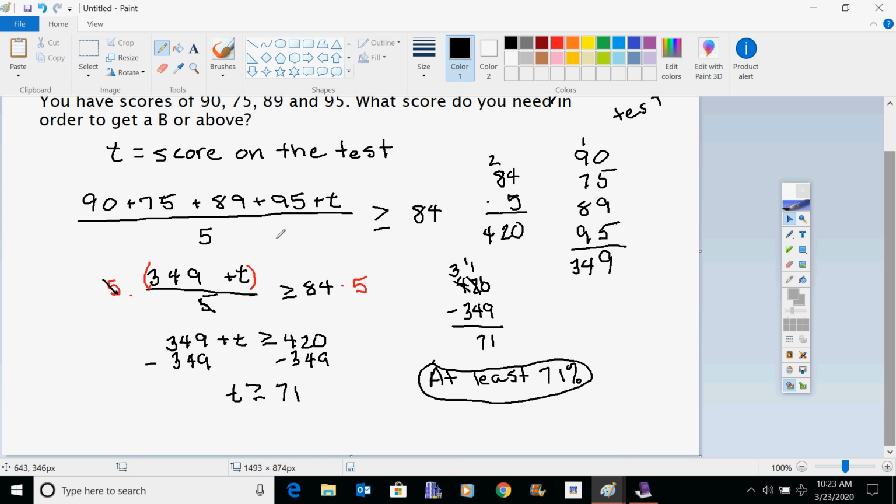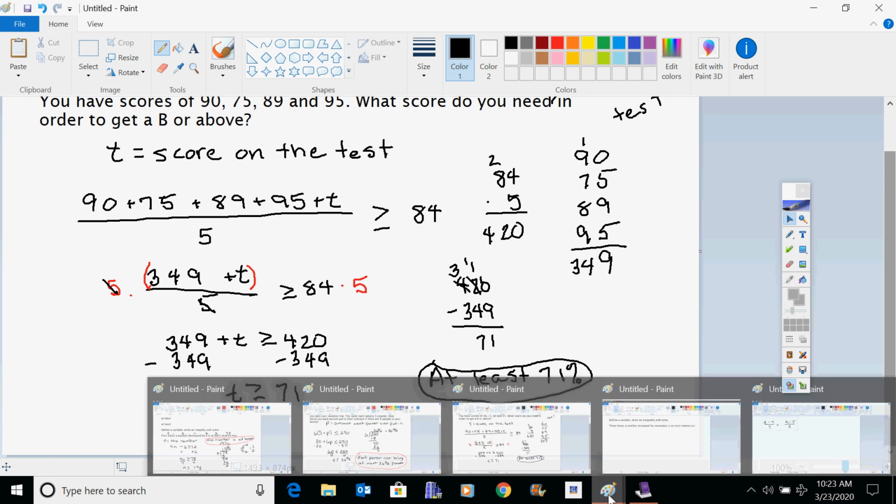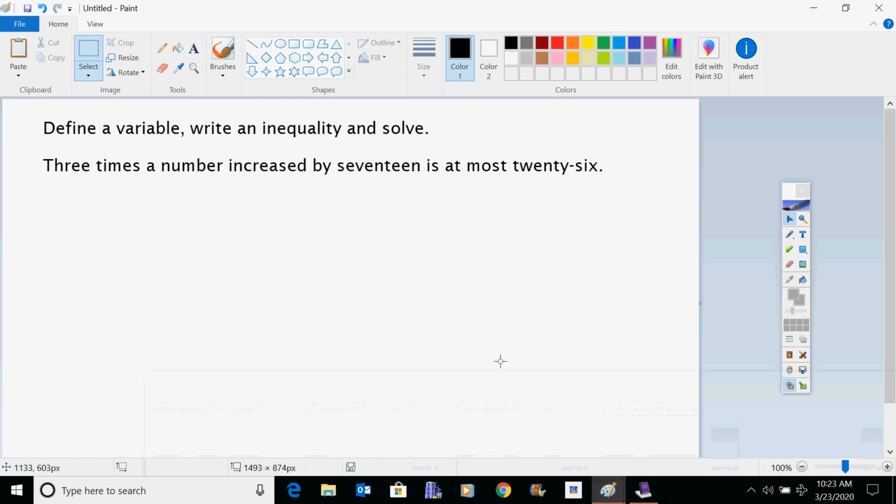The more grades that you have, the less each one of them is going to really hurt your grade, and one great grade isn't necessarily going to help. You have to be consistent in your pattern in order to make sure that you're getting the grades that you want.